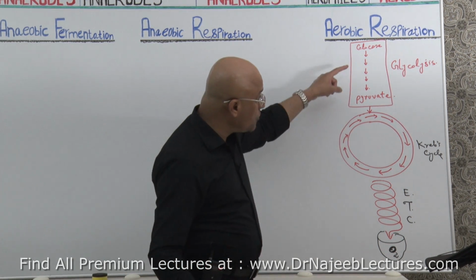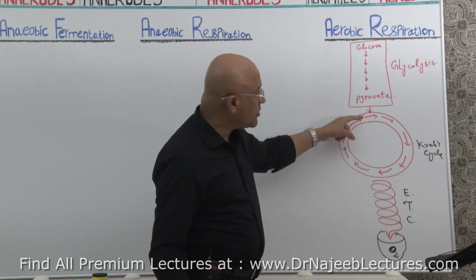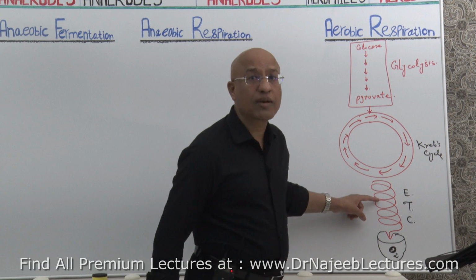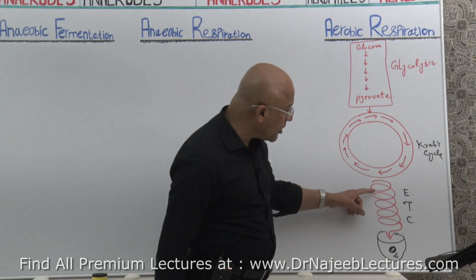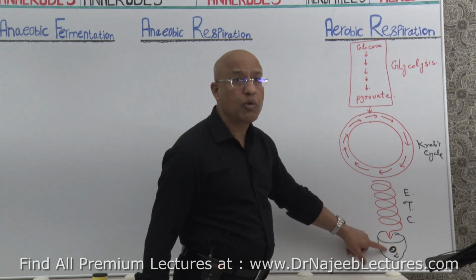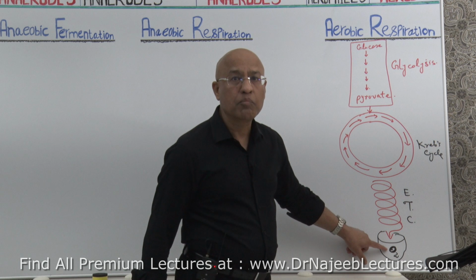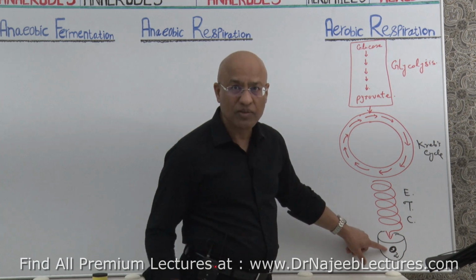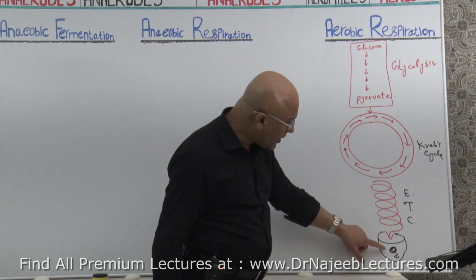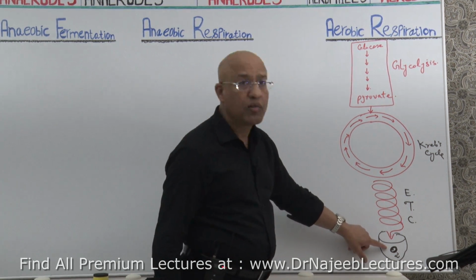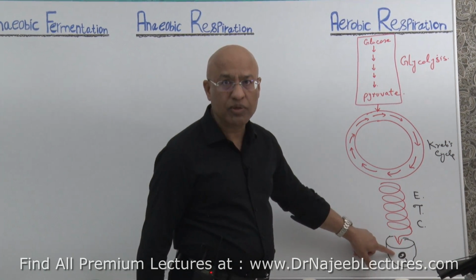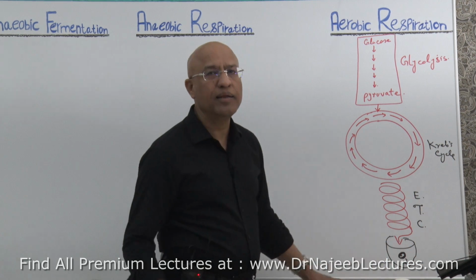But when glucose and its breakdown products are progressively breaking down, they are releasing electrons, and these electrons will pass through the electron transport chain, and eventually these electrons will be accepted by molecular oxygen. This oxygen then will react with hydrogen and make water, and energy will be trapped.